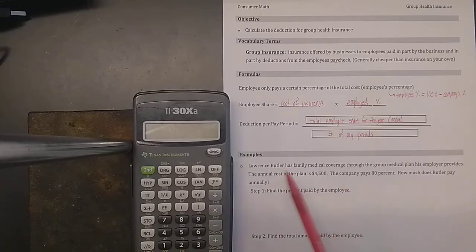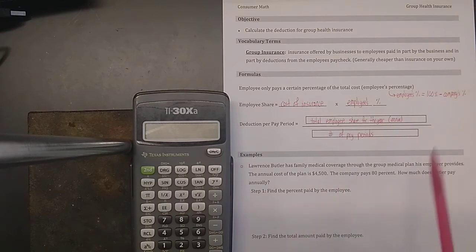First example, Lawrence Butler has family medical coverage through the group medical plan his employer provides. The annual cost of the plan is $4,500. The company pays 80%. How much does Butler pay annually? So don't be misled. 80%, look, that's paid by the company. What percentage does Butler therefore pay? What's the employee's percentage?